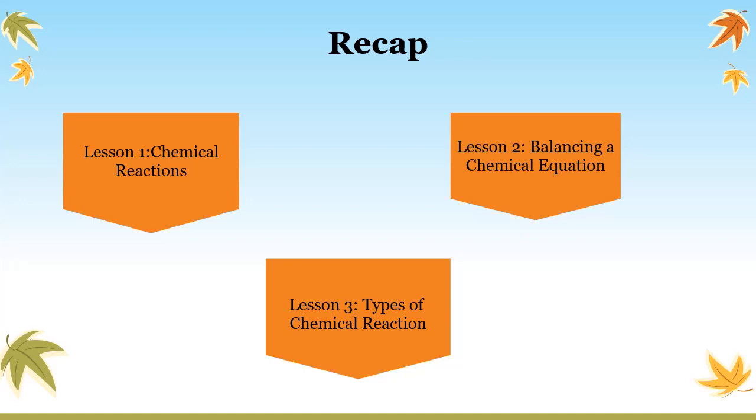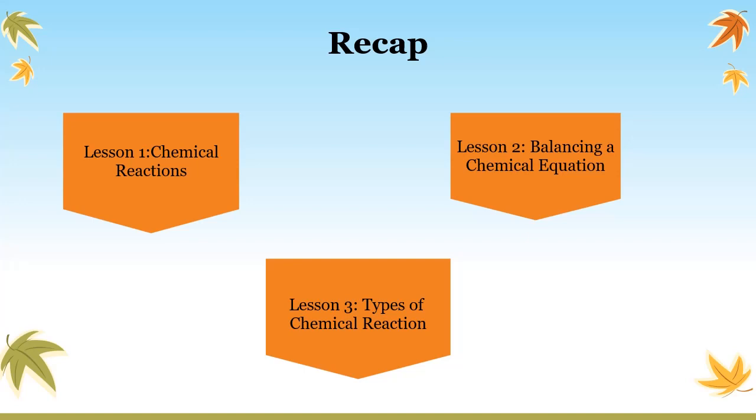Then in lesson number 3, we studied types of chemical reactions. We studied 2 main types, addition reactions and decomposition reactions. Decomposition comes from the word decompose, which means the breakdown of a compound into several elements, a product breaking down into the reactants. Addition reaction means a combination reaction in which 2 or more elements combine together to form a single compound.